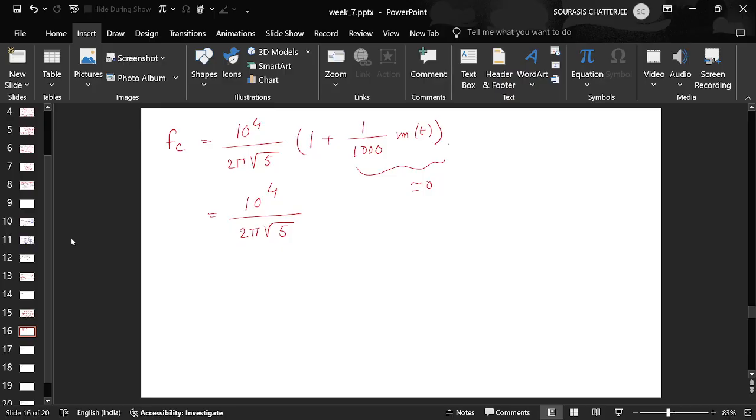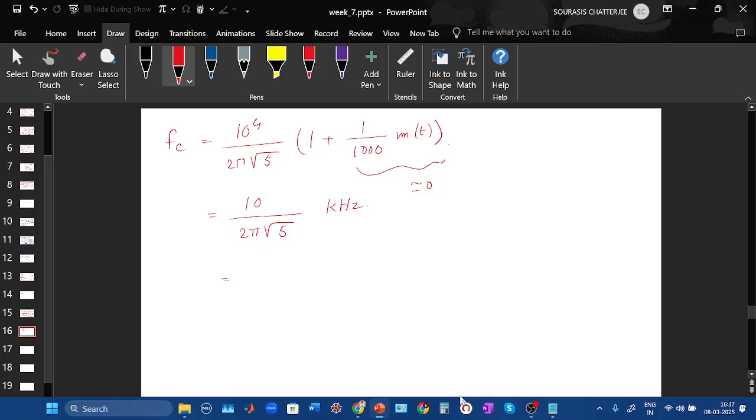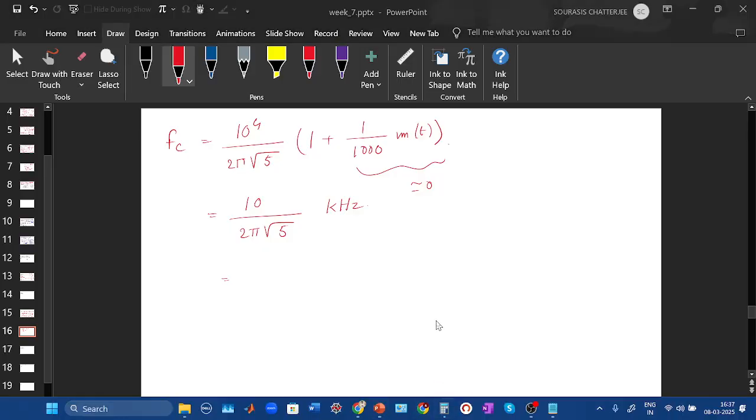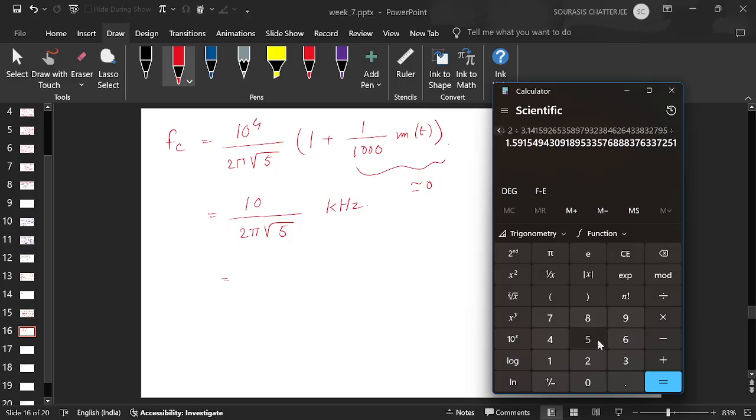So let me use the calculator for this. You can separate first of all this 10 to the power 4 thing, we can keep it 10, and then the 10 to the power 3 can go into the kilohertz, so it's 10 over 2 pi square root of 5. Let me just compute. 10 divided by 2, divided by pi, divided by square root of 5.